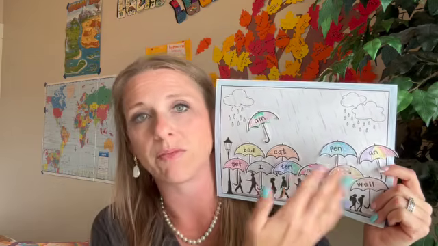Now, when I do it, I will pre-cut all of my kids' umbrellas for them. That way they just have to pick out an umbrella, write the word, decorate it, and then when they're all decorated, they glue them on there. It's a little bit more time efficient for them, and I'm an expert cutter, I'd like to say, but I just stack the paper and then cut all of them together.